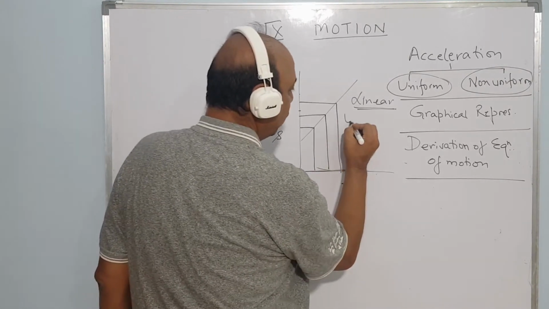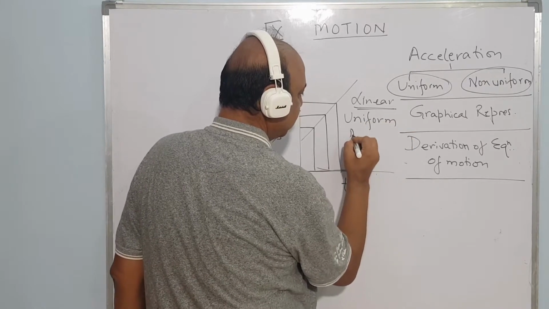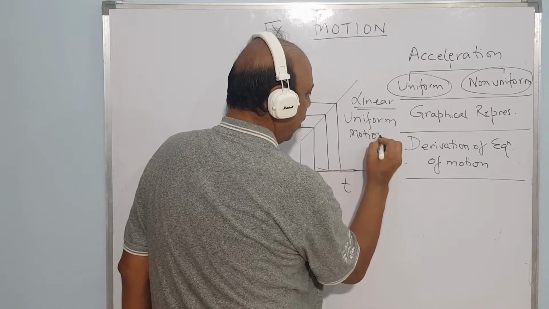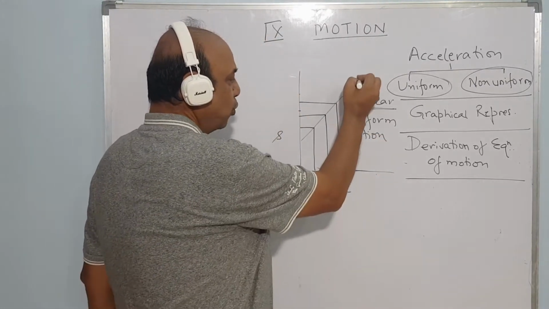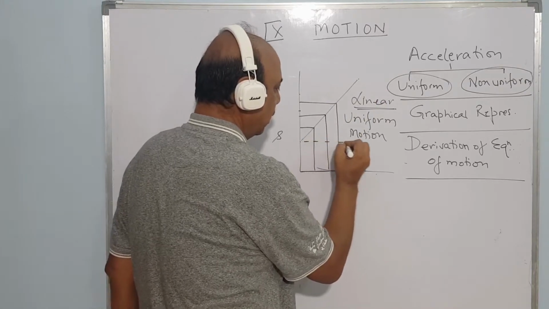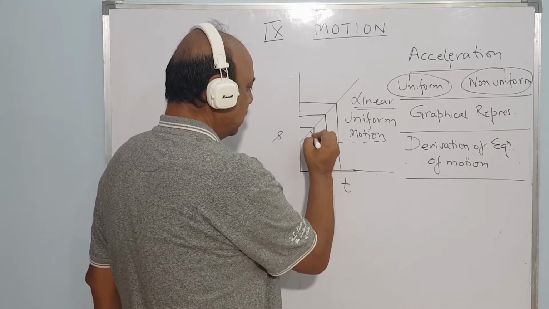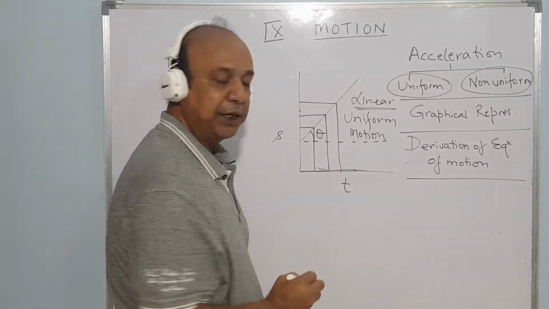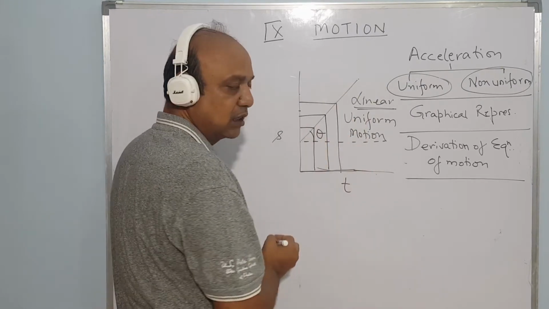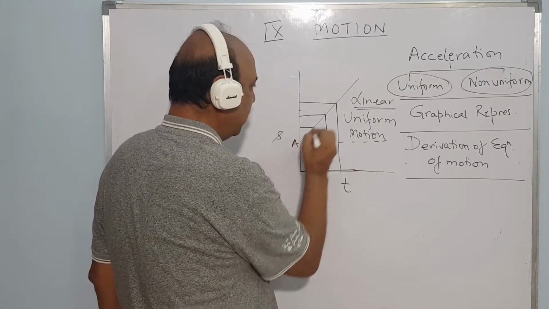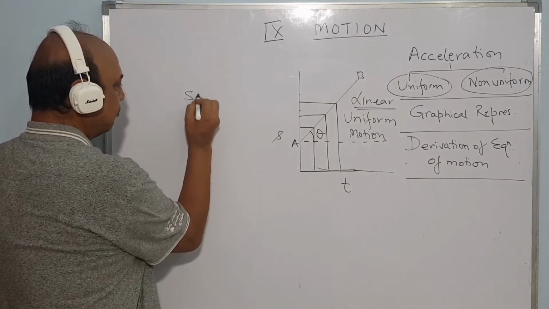So it is a uniform motion, or uniform speed. Now the slope of this graph, if I take a line parallel to the x-axis or the time axis, then this is that angle theta. The measure of this angle, or we call the slope of this line segment, say AB, gives us the speed.